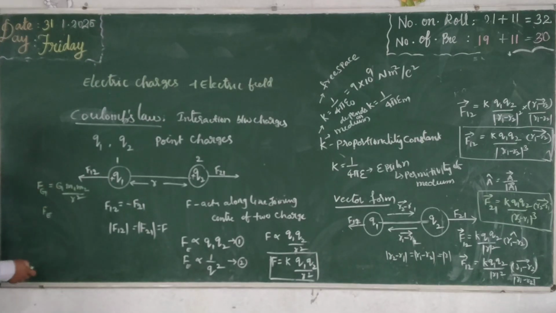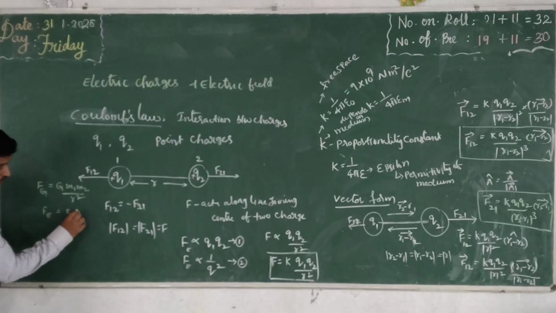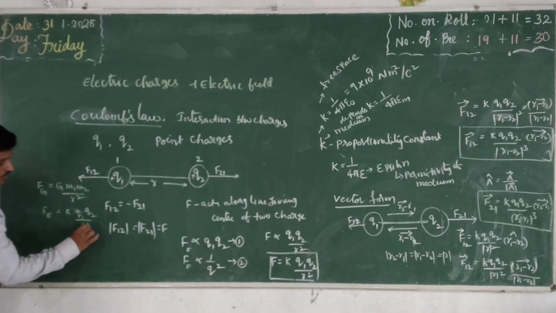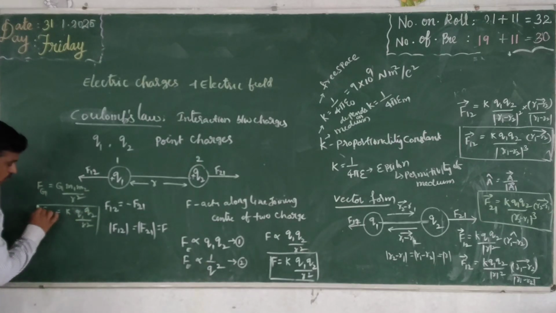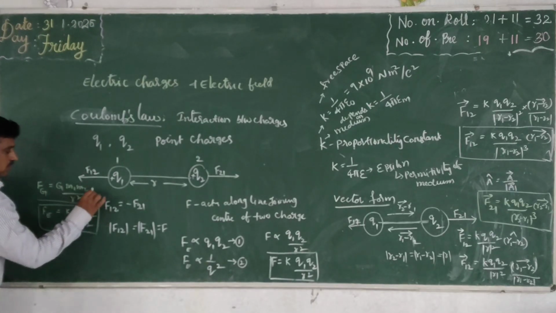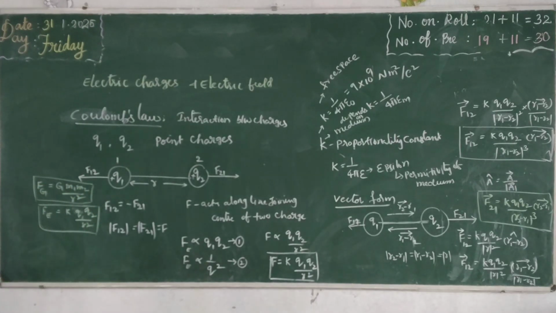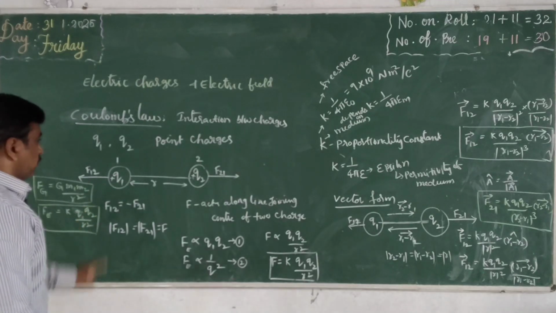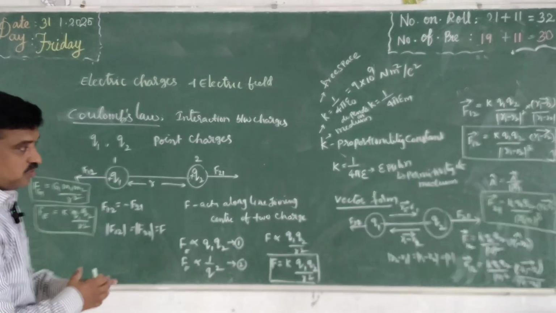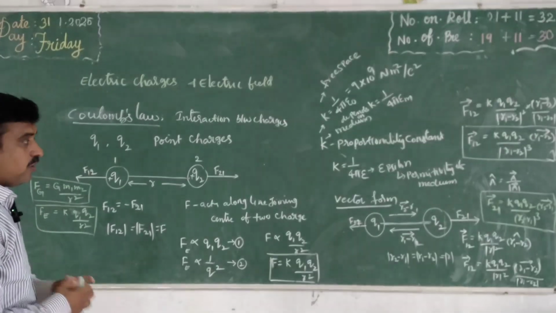We can relate these two: Fe equal to K q1 q2 by R square. This is electrostatic force, this is gravitational force. For these two forces we can discuss first what the similarities and the differences are.